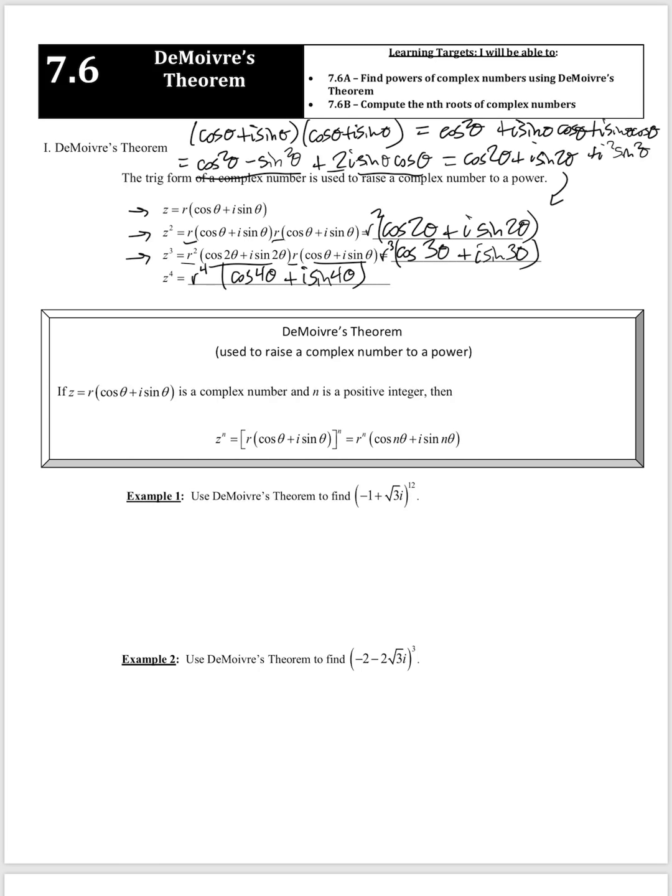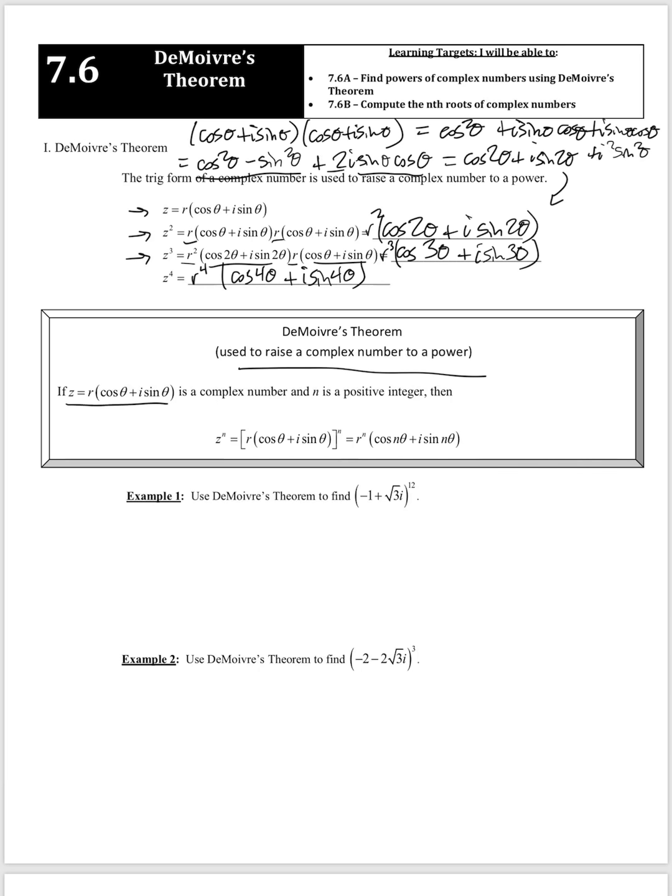So that's not an actual proof. Actual proofs in math are a little more difficult than that. Again, we're more than happy to go over that later on. But if we were to formally prove this, we would see that this pattern actually holds for any power of a complex number. And that is DeMoivre's theorem. It's used to raise a complex number to a power.